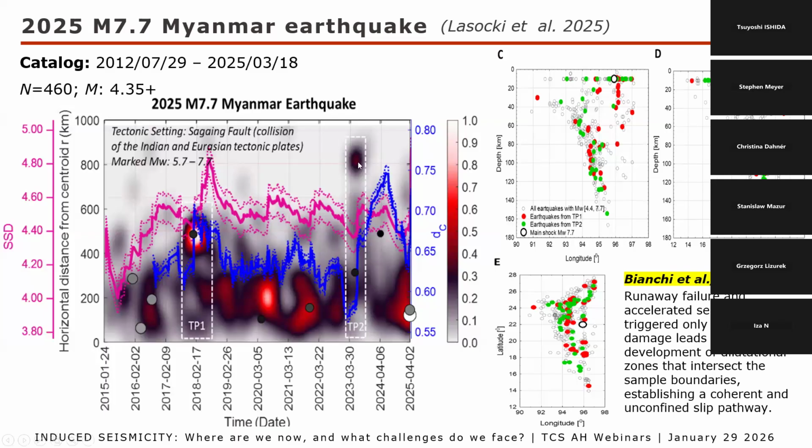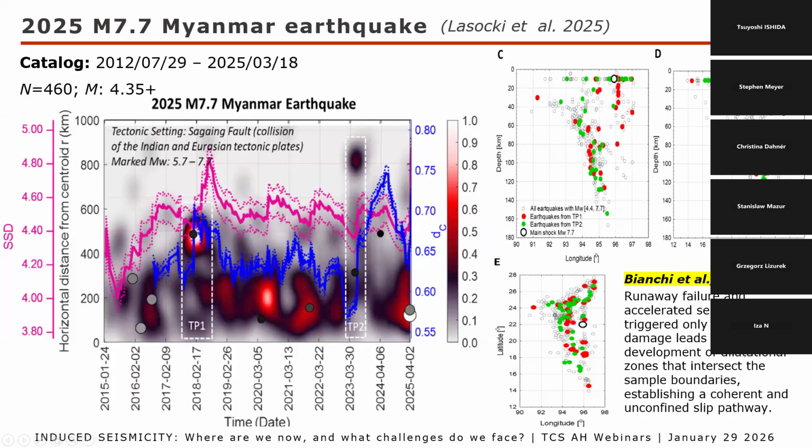And here I think that we could also interpret that we observe similar behavior, but at the regional tectonic system scale.